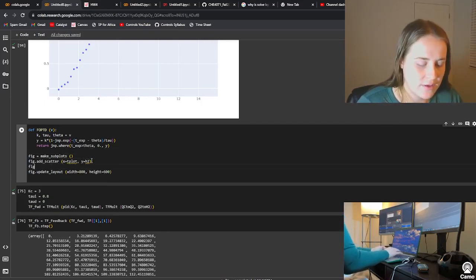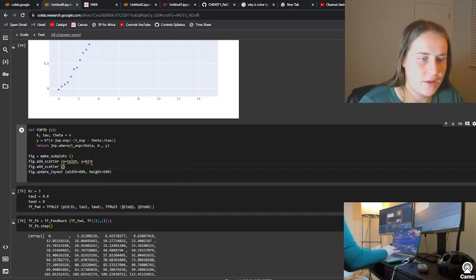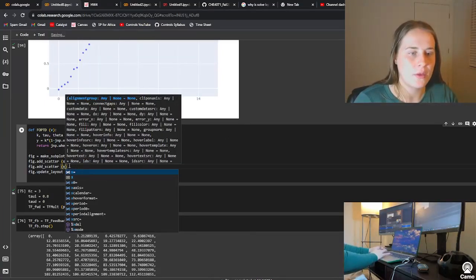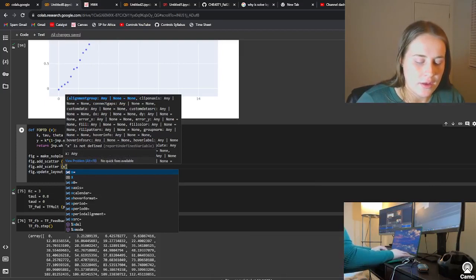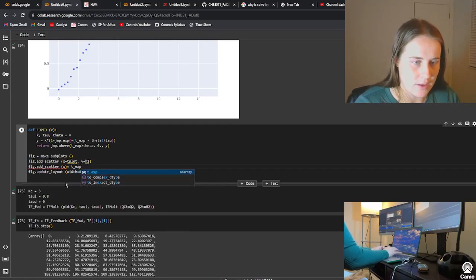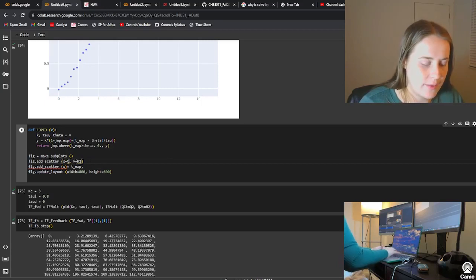So big dot add scatter. We have one for our model and one for our plot. So we have x equals time exp. Up here is also time exp.